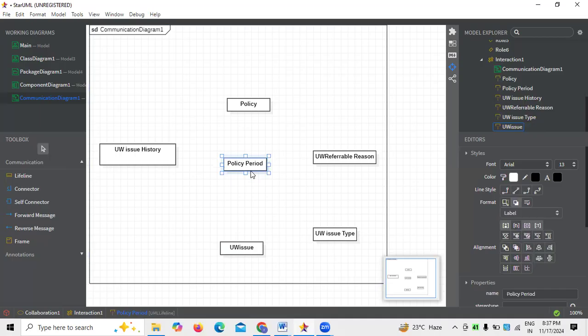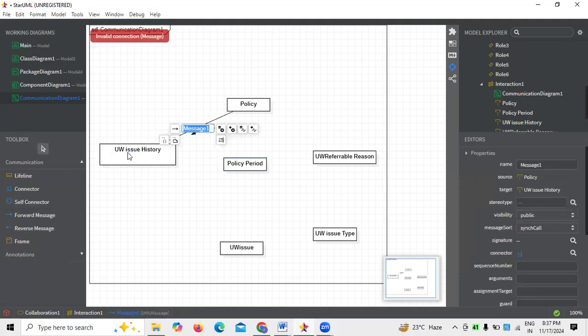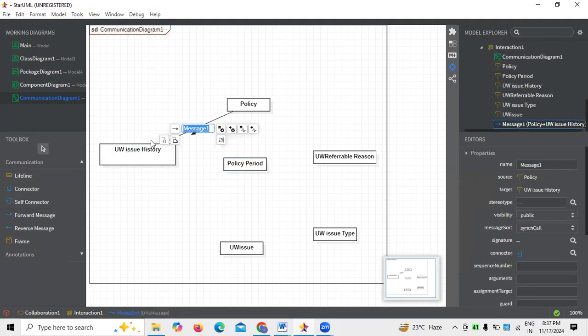Now, there are entities which we need to understand from the relations point of view, where these policies must be connecting to the policy histories, which is something we will normally be using, right? So whatever the issues we have, whatever the policy issue underwritings we have, whatever the policy history updations you are going to do, everything needs to be updated, right?